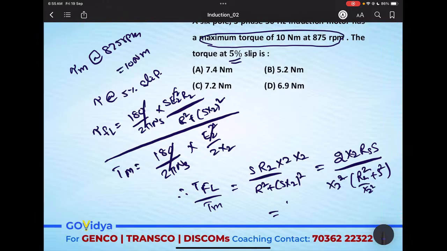We can write it as 2 into R2 by X2 into S divided by R2 by X2 whole square plus S square. Therefore, full load torque to maximum torque will be this one, equation 1.